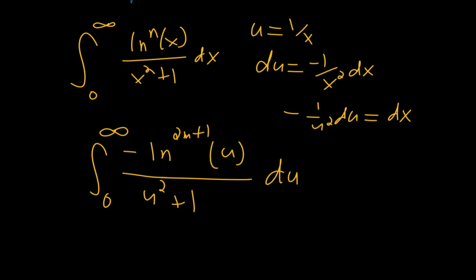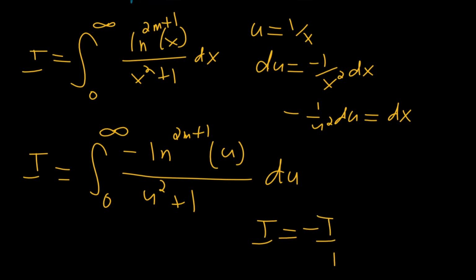And what you'll see is, if we replace this right here, 2m plus 1, we can both agree that these are both our integrals. All we did was a transformation. And if I equals negative I, the only number that does that is 0. So I must equal 0.